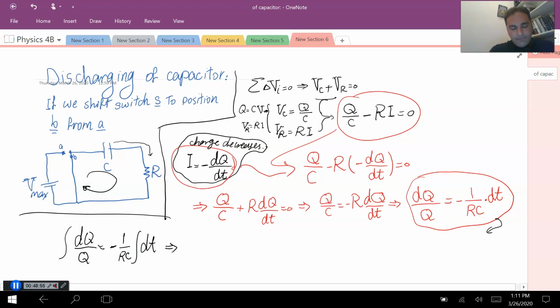Therefore, guys, the integral of dq over q will be what? ln q.